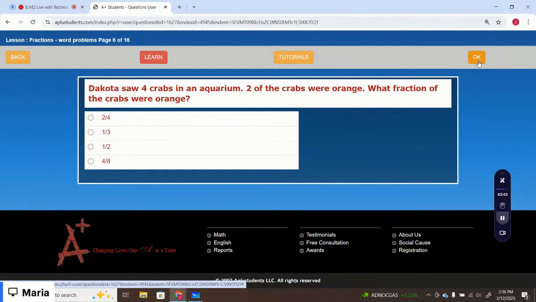A quota saw four crabs in an aquarium. Two of the crabs were orange. What fraction of the crabs were orange? So, which is the correct option?